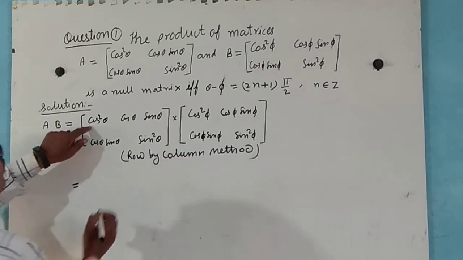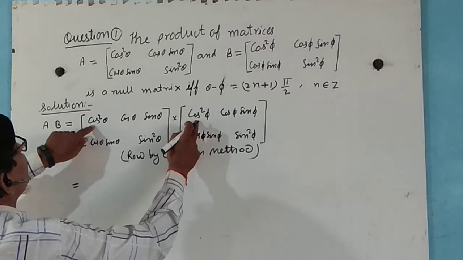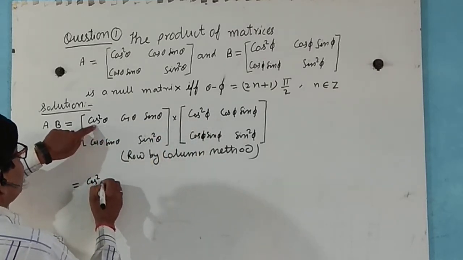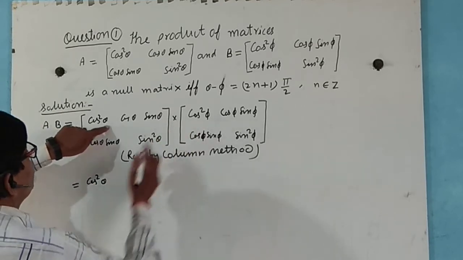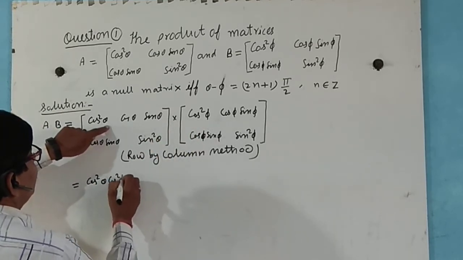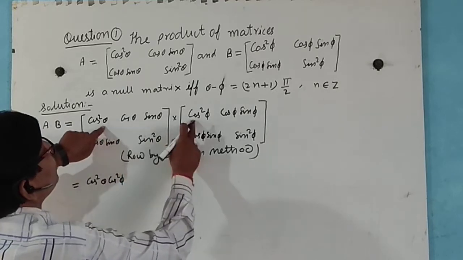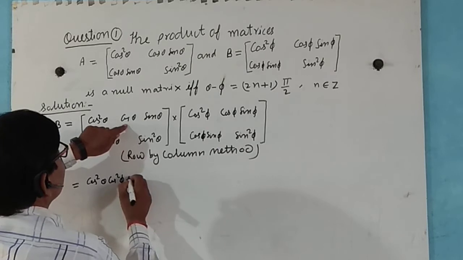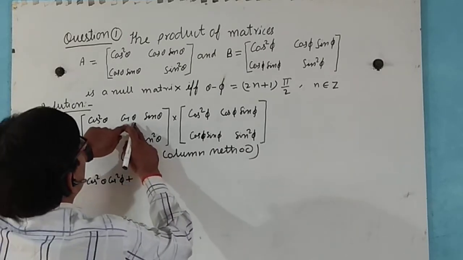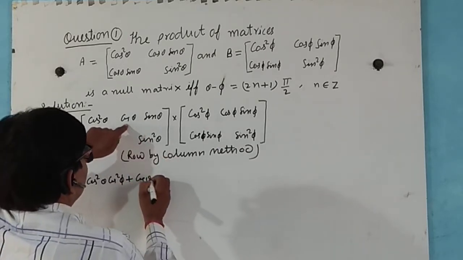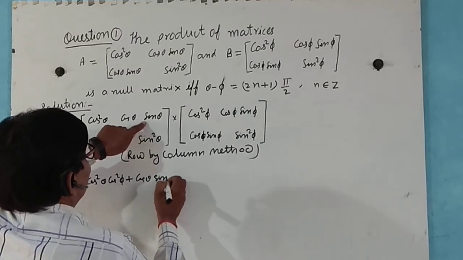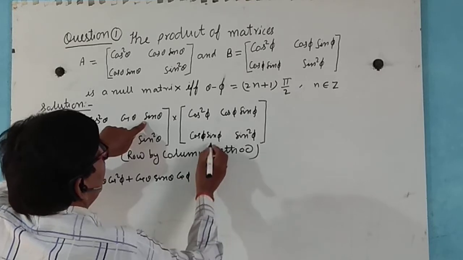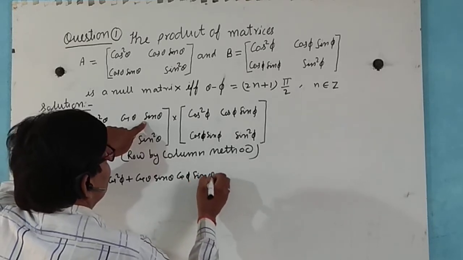This is equal to, by the row by column method, cos square theta cos square phi plus cos theta sin theta cos phi sin phi.